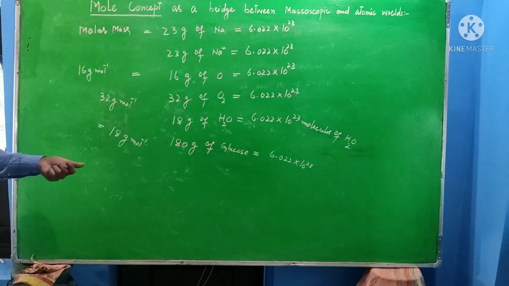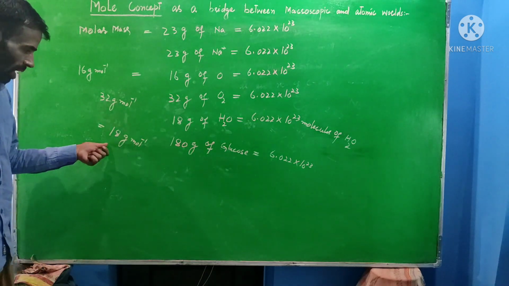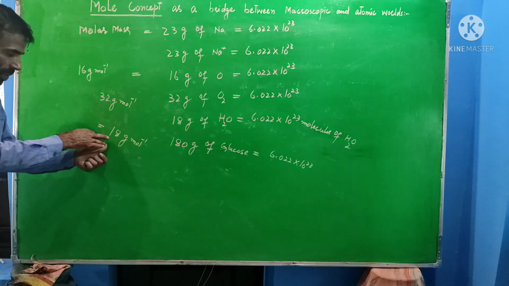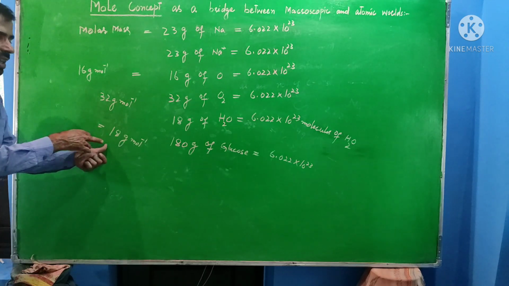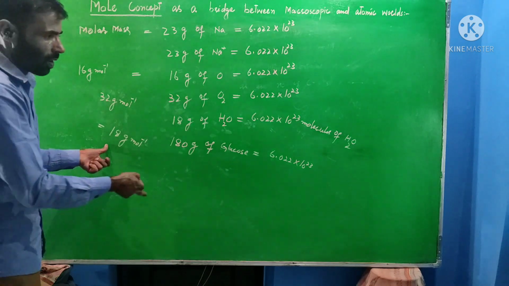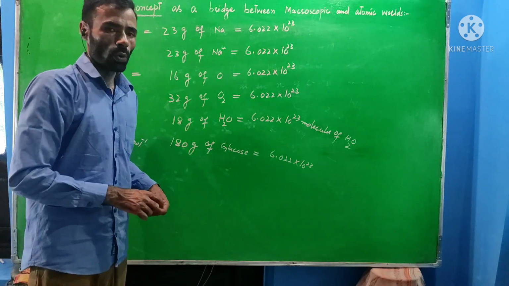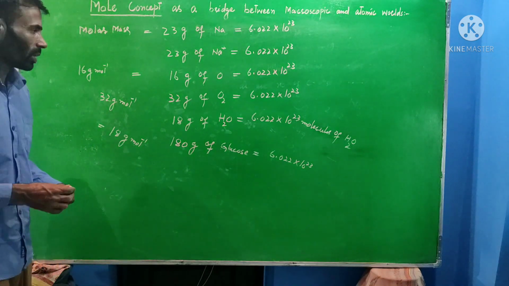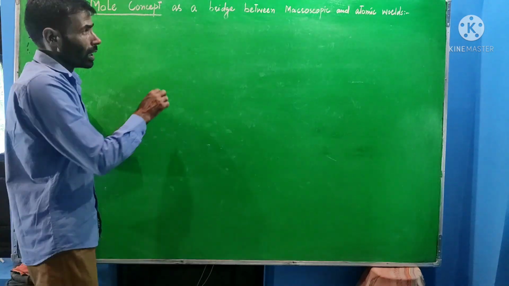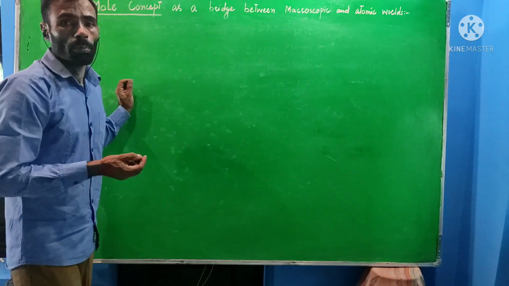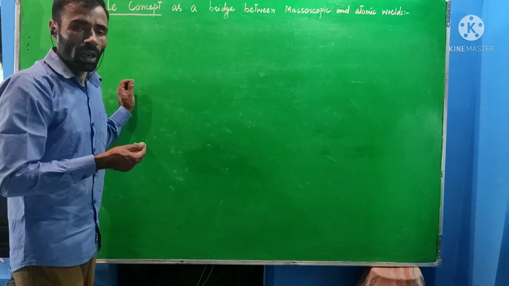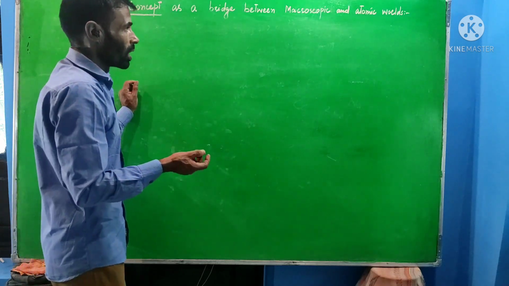Now we are able to say this point, in 18 gram of water there are 6.022 into 10 raised to power 23 water molecules.